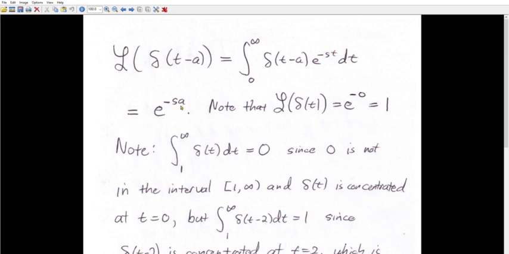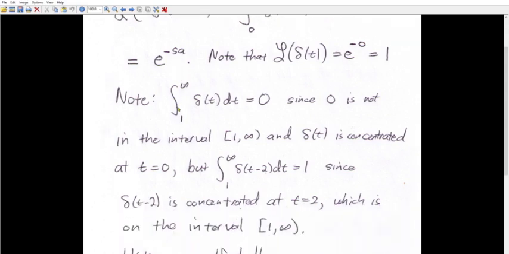And when t equals a, we get e to the minus sa, which is the Laplace transform of delta of t minus a. And when a is 0, you get the Laplace transform of delta of t, which is e to the minus 0, which is 1. So the Laplace transform of delta of t is 1. The Laplace transform of delta of t minus a is e to the minus sa.